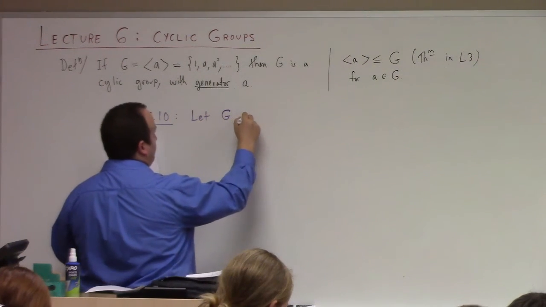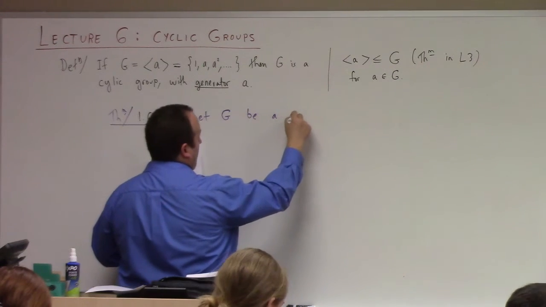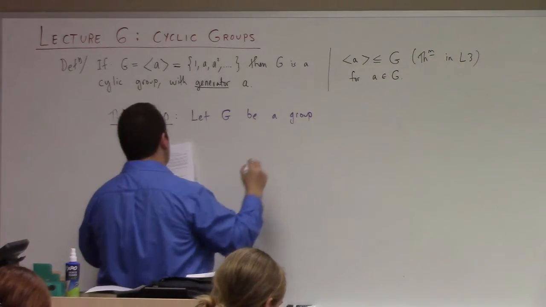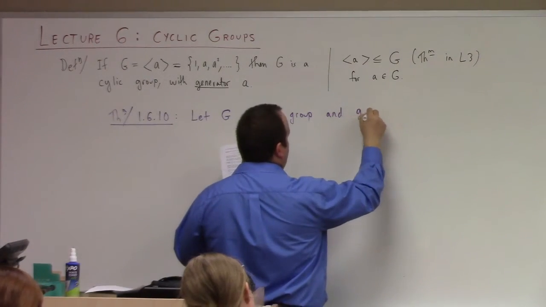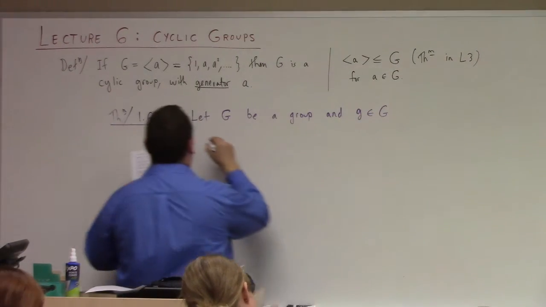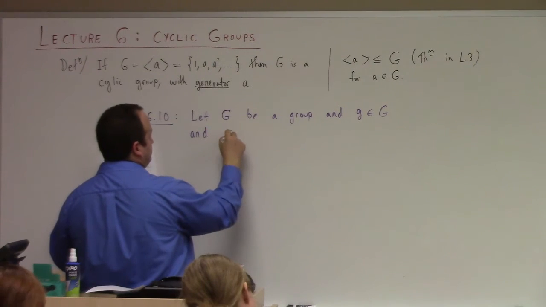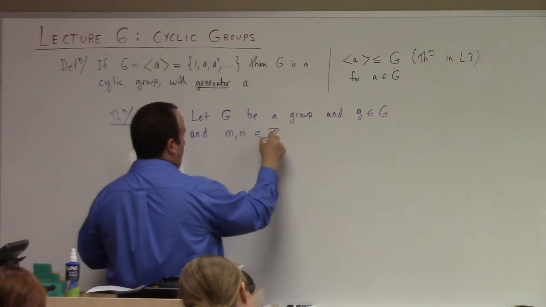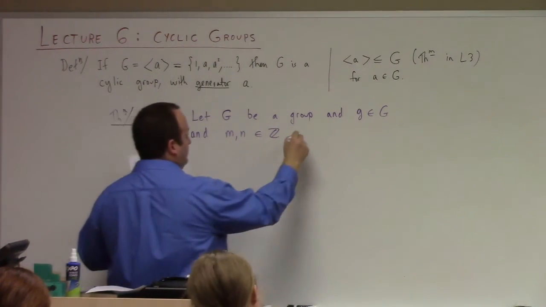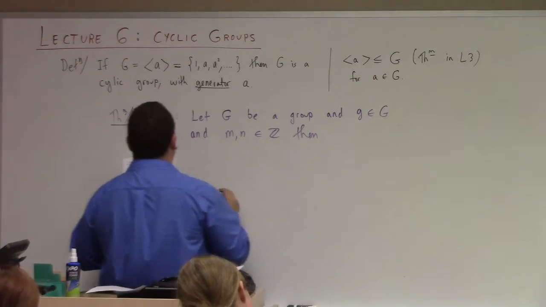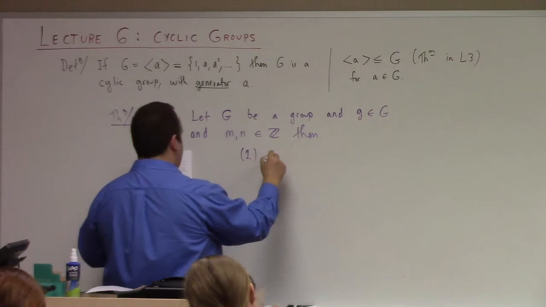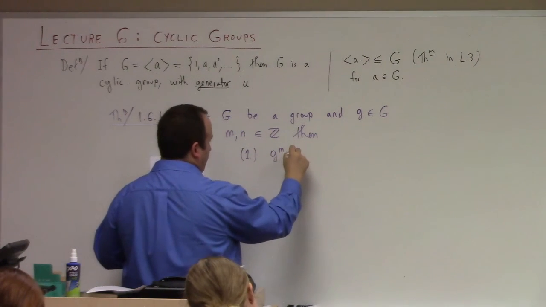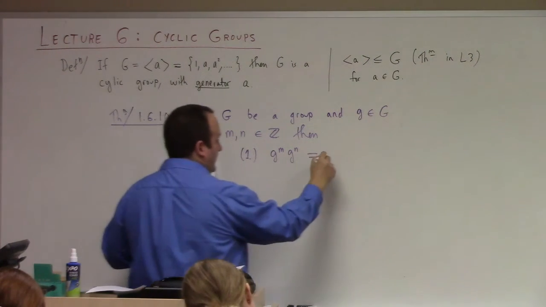So let G be a group, g an element of the group, and m and n integers. Then 1: g to the m times g to the n is equal to g to the m plus n.